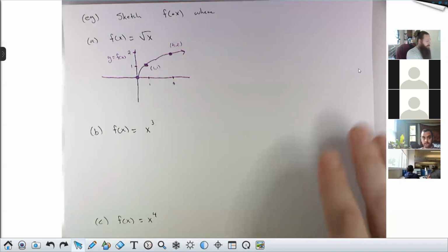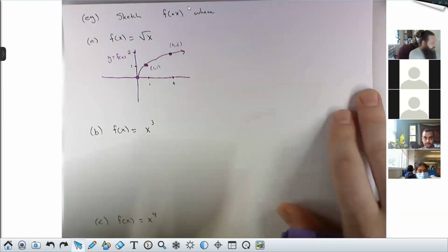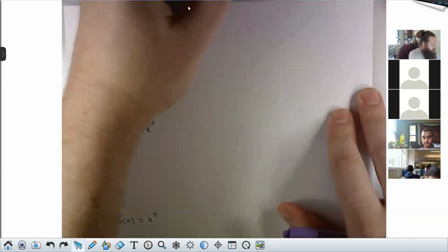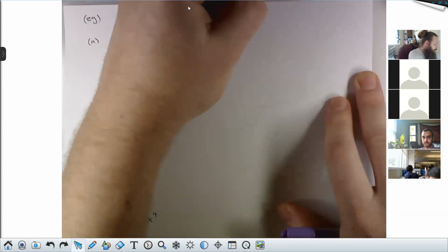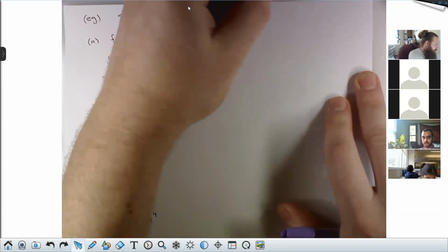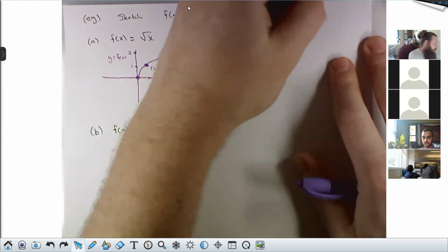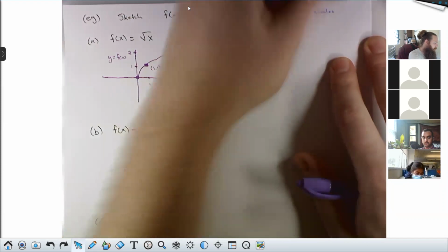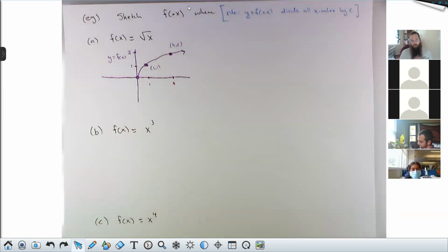Remember, the general rule for horizontal scalings: to get the graph y equals f of cx, we divide all the x values by c. Right? That was the rule. That's why f of 3x is a compressed version and f of 1/2 x is a stretched version.